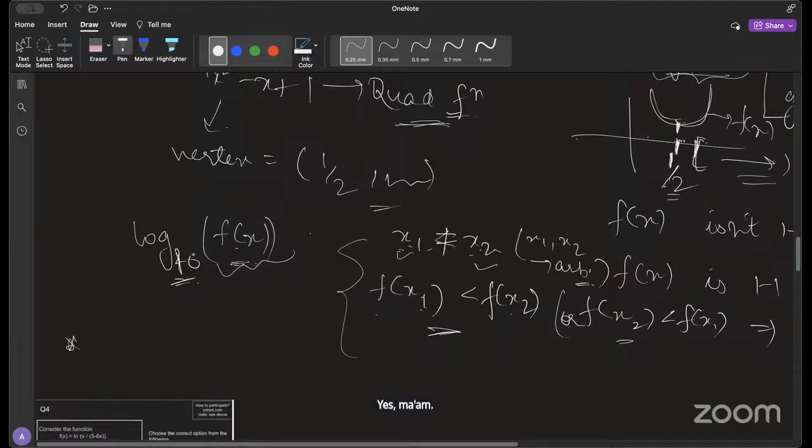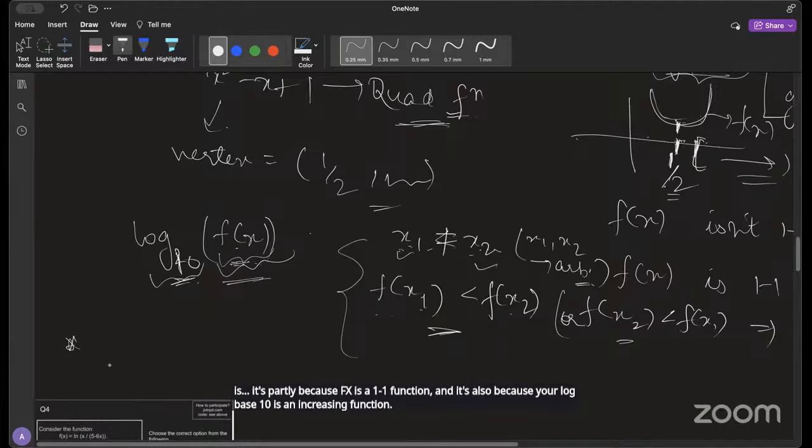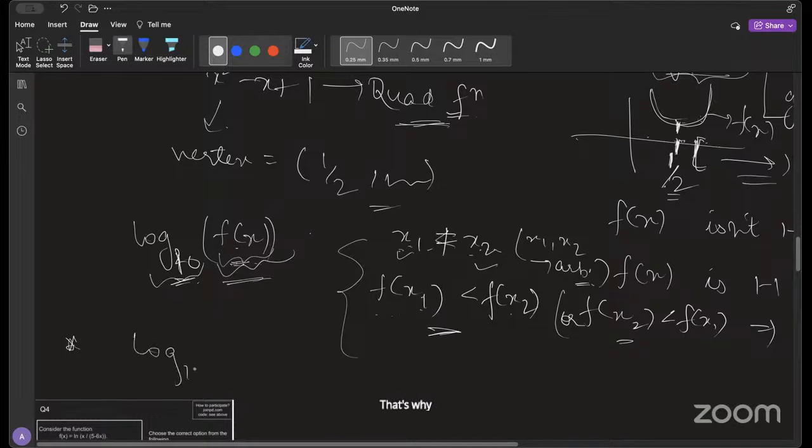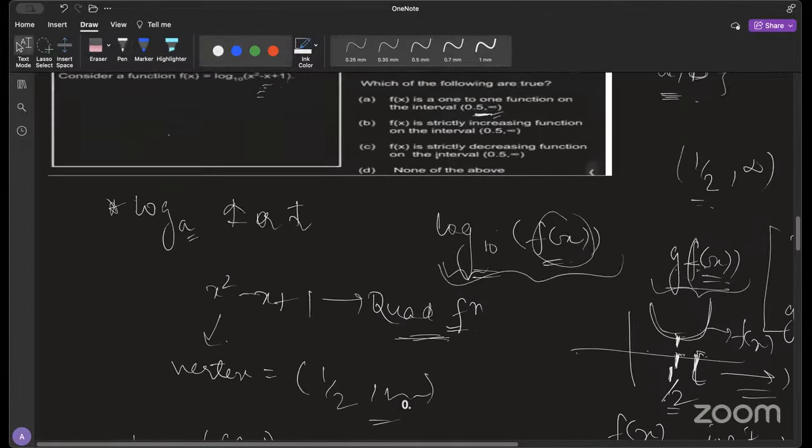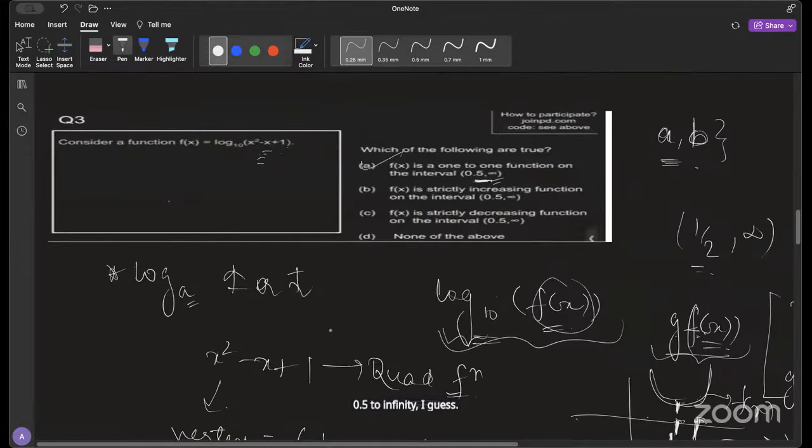The important point here is the reason you are able to conclude that this function is 1-1 is partly because f(x) is a 1-1 function, and it's also because your log base 10 is an increasing function. That's why your log base 10 f(x) is 1-1 in this domain, 0.5 to infinity, I guess. Yeah, so this should be correct.